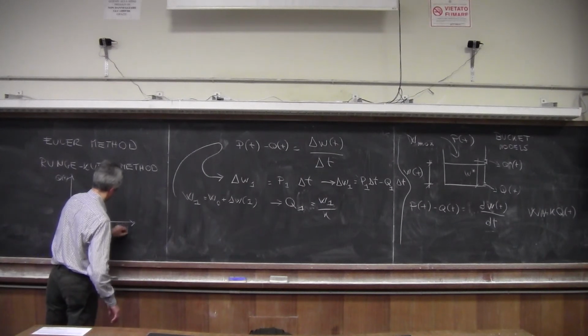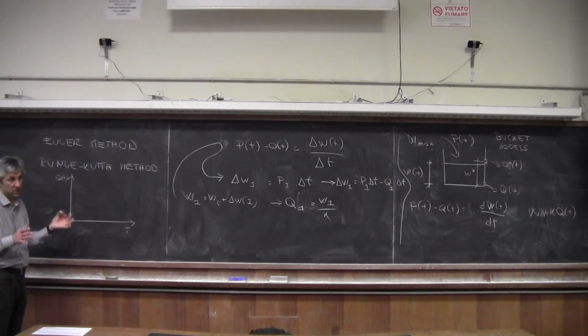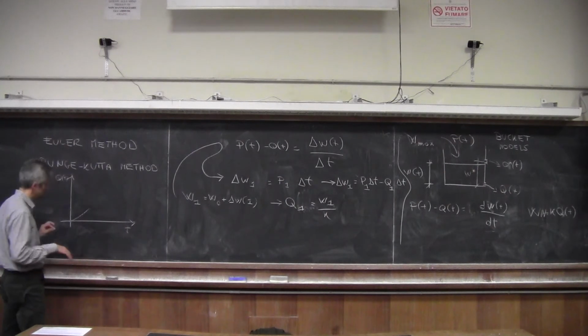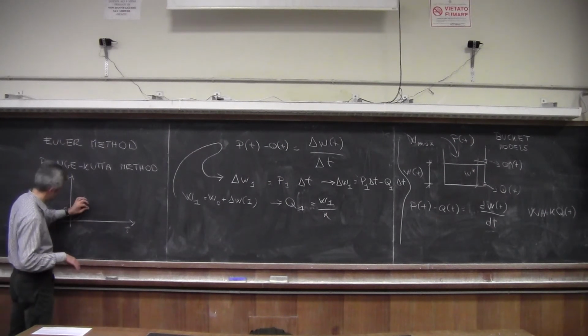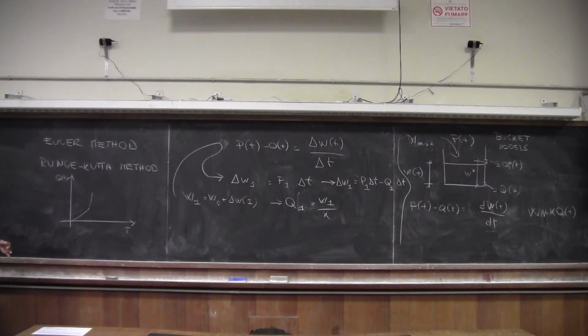Q over time. You may have a hydrograph that starts from 0 if you don't have any initial flow, and then looks fine. But then when you get to the level of the mid-discharge, you may get a sudden change of slope in the hydrograph.